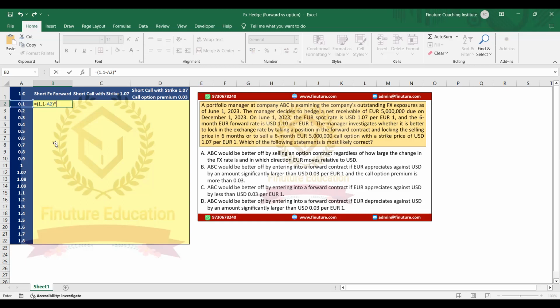This is for 1 euro, and I want to calculate it for 5 million euros. So let's imagine that this is in millions. Let me just increase the decimals. So eventually you will have a 5 million gain for this one. Let's see what the gain is for the rest of the price range.